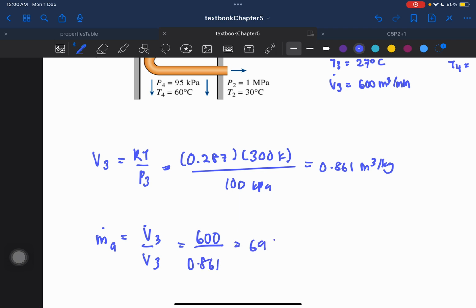Then we will get 696.9 kilogram per minute.